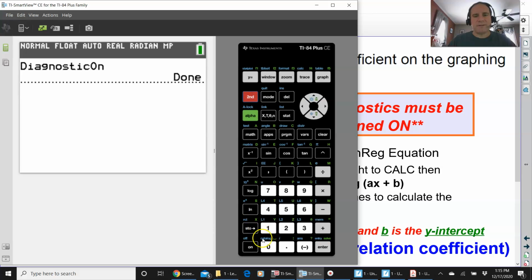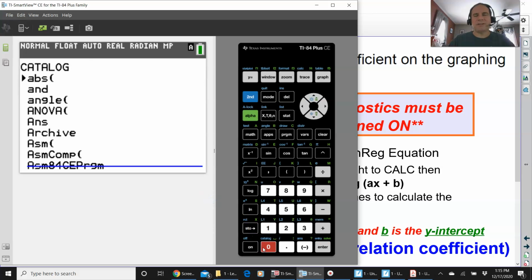Now there's an easier way to get to the D section of that screen. If you press second function catalog again, you notice that you start with the A's. Do you see this button right here? It says alpha. If you press that button, you'll see an A right here, and then you're in alpha mode. If you press this x to the negative first power, you see the D here?